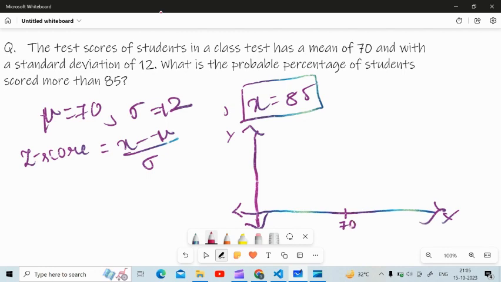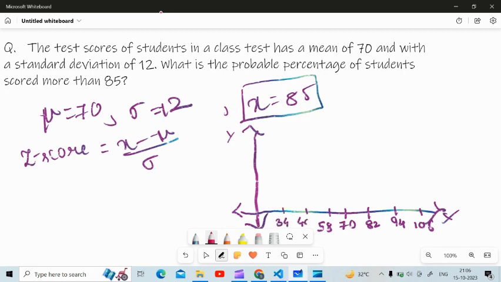Since the standard deviation is 12, based on that the 12 jump: 70 plus 12 you will be getting 82, then 94, plus 12, 106. And over here just subtract 12 from 70, so you will be getting 58, 46 and 34.